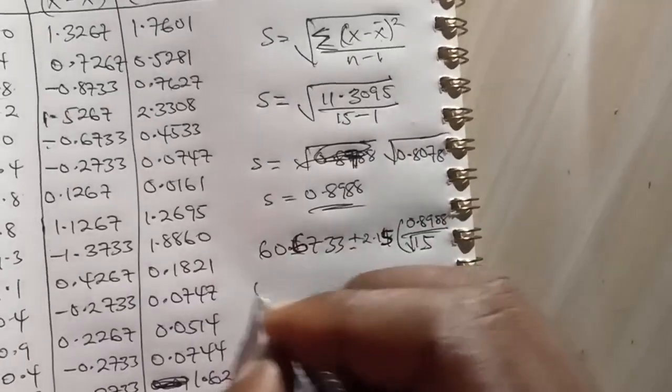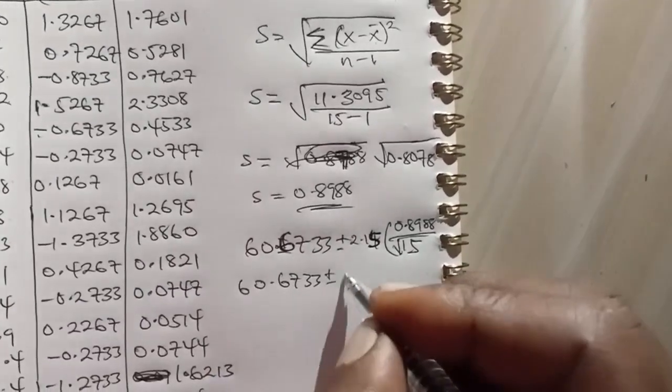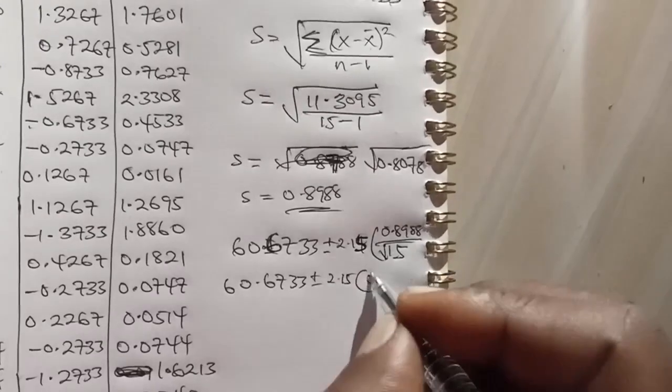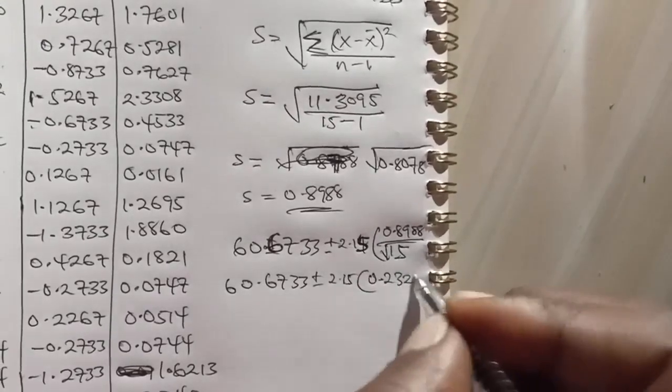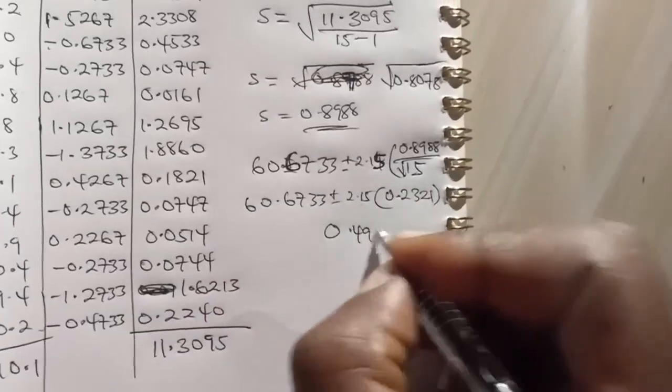If we resolve the bracket first, we're going to get 0.2321. If we multiply it with 2.15, we'll have 0.4990.